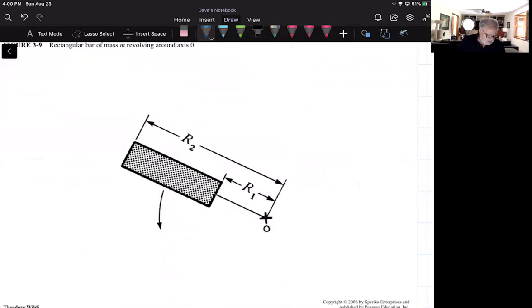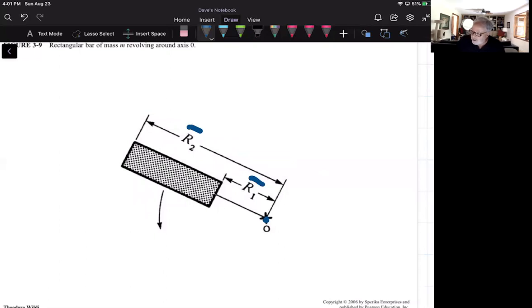The last one we'll look at, and then I'll stop this video and we'll make this two parts. Here's a rotating object, and here's the center, and it's rotating about that center. Again, we have two radii. One is the center to the end of the object. The other is the center to the beginning of the object.